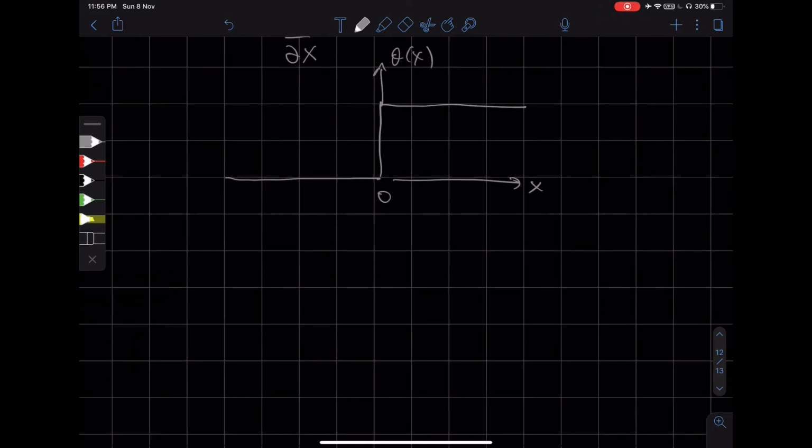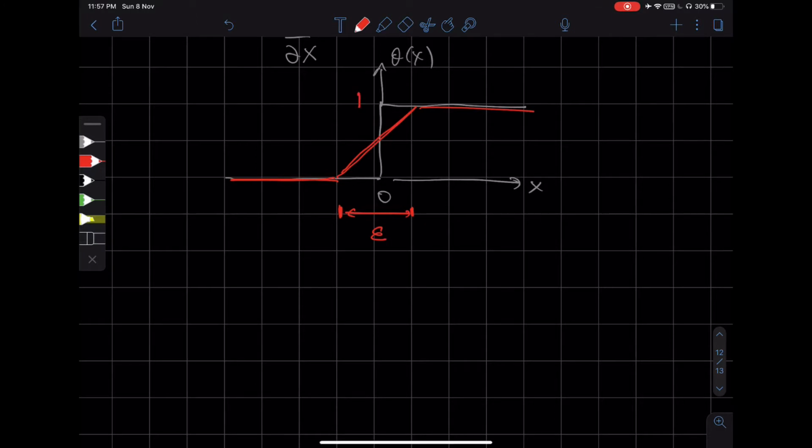So one way of approximating the Heaviside theta function is to take a function which goes like this. So what we do is that we take a small neighborhood around the origin, and this neighborhood has some width epsilon, and this is 1.